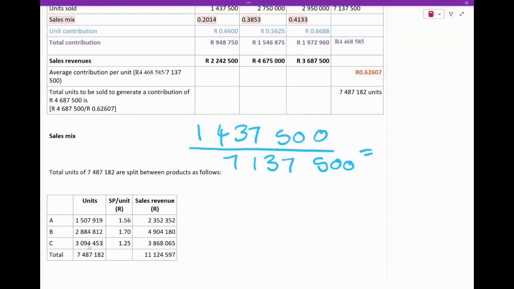Alrighty, 453. If you add those together, I don't know if you're going to get that same amount since we're rounding up. It might change, okay? But that's the number of units they said we must produce.